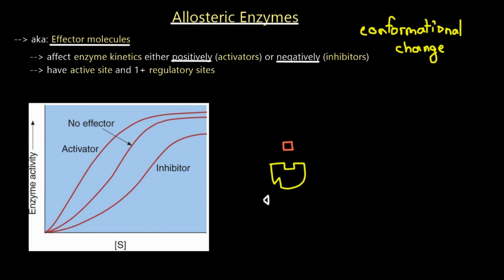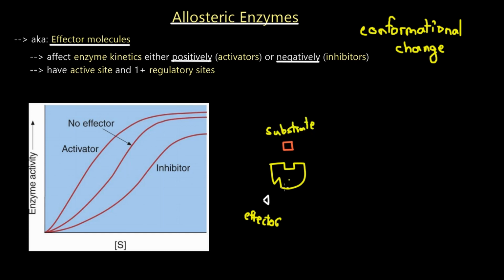So now let's take a look at an illustration of how this occurs in enzymes. So here we have this molecule right here would be the effector. This one right here is the substrate.